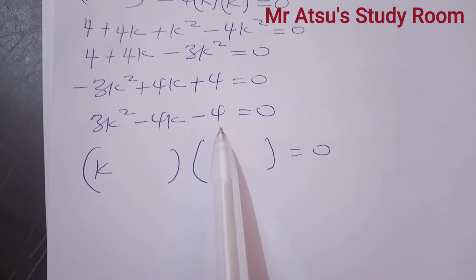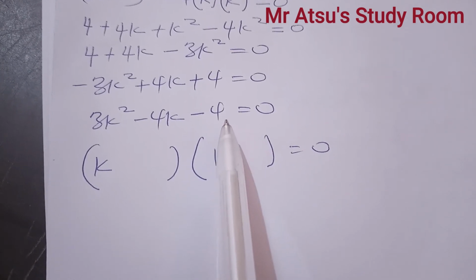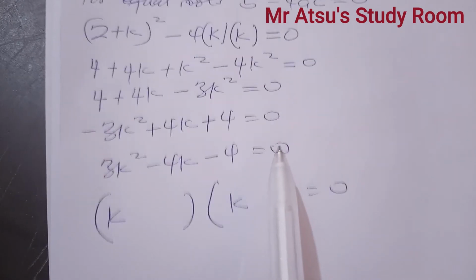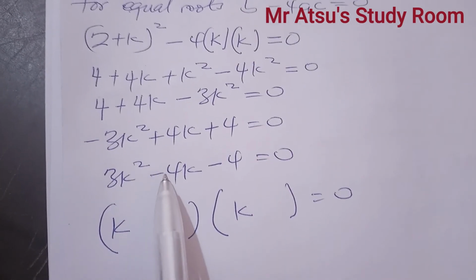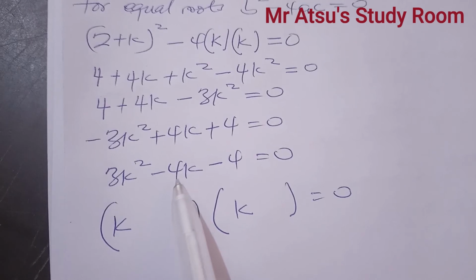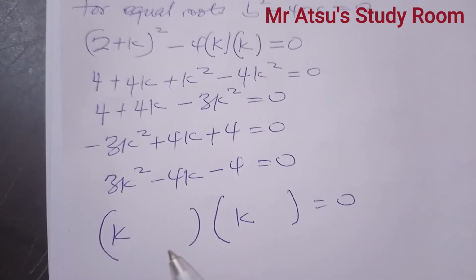I'm looking for 2 factors of negative 12 so that when I add them, the result will be negative 4. So that will be negative 6 and positive 2.